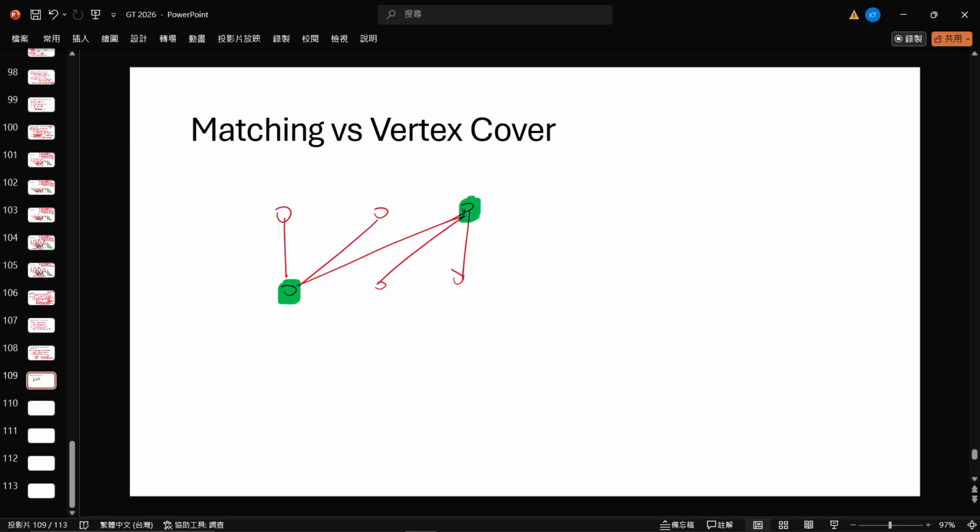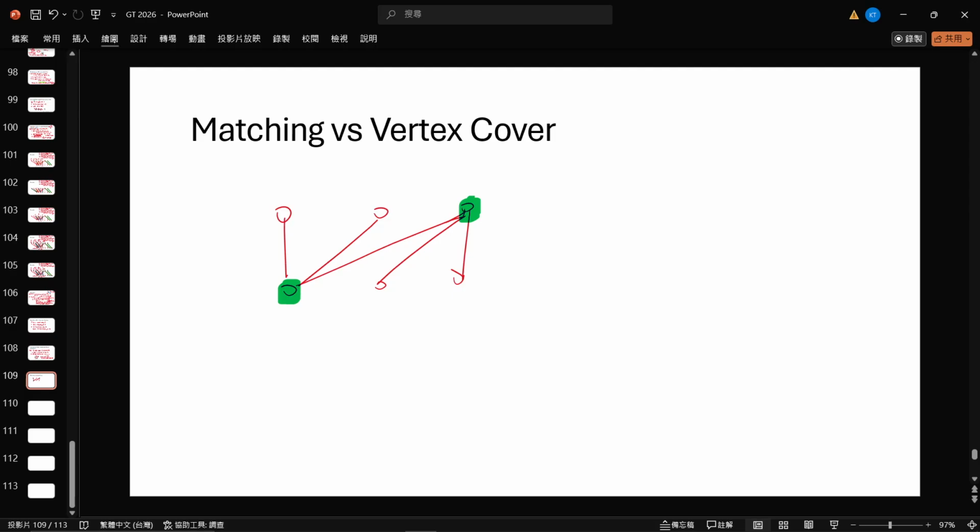Okay. Now, what is the size of the maximum matching? Can you find a matching of size 3? Okay.